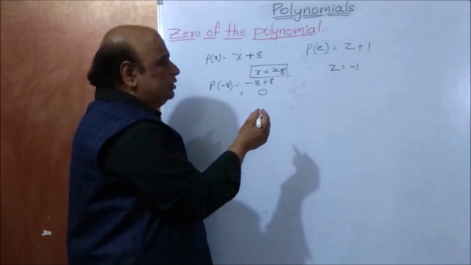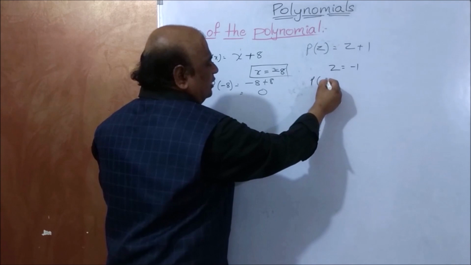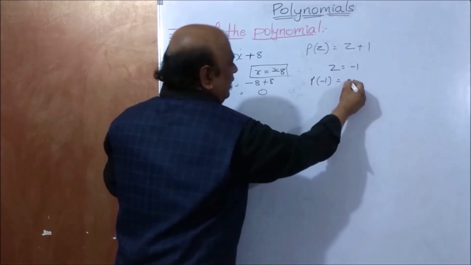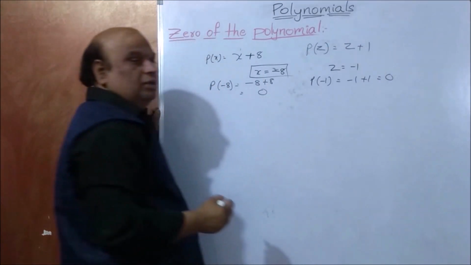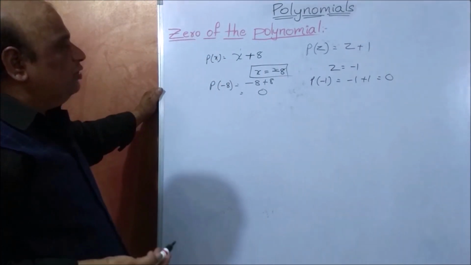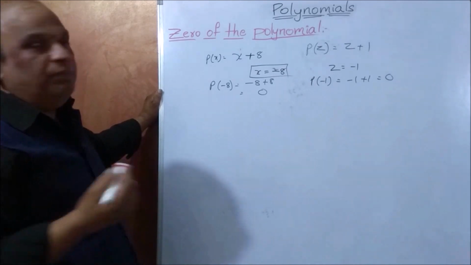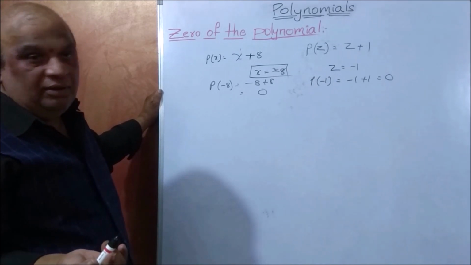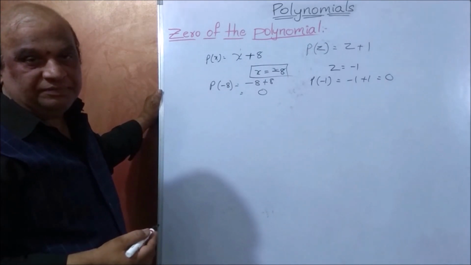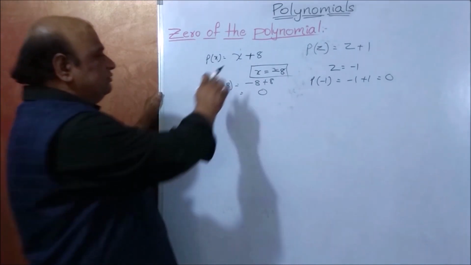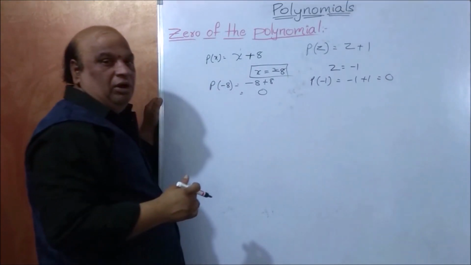If you substitute minus 1, minus 1 plus 1, we get 0. So like this we can get the zero of the polynomial in first degree polynomials. Here this is a first degree polynomial, and here it is also a first degree polynomial.